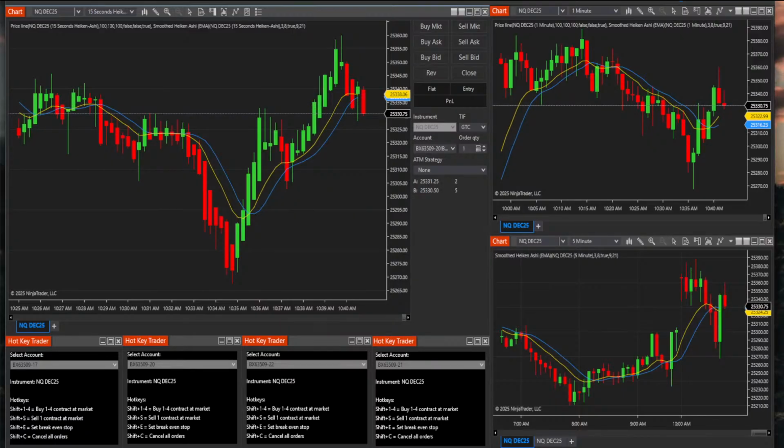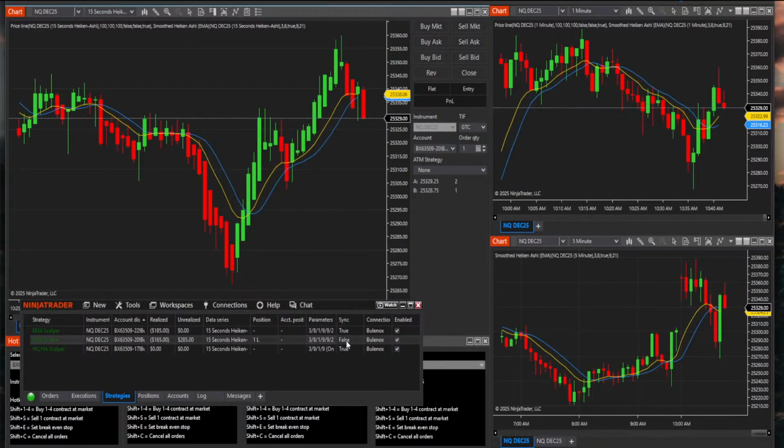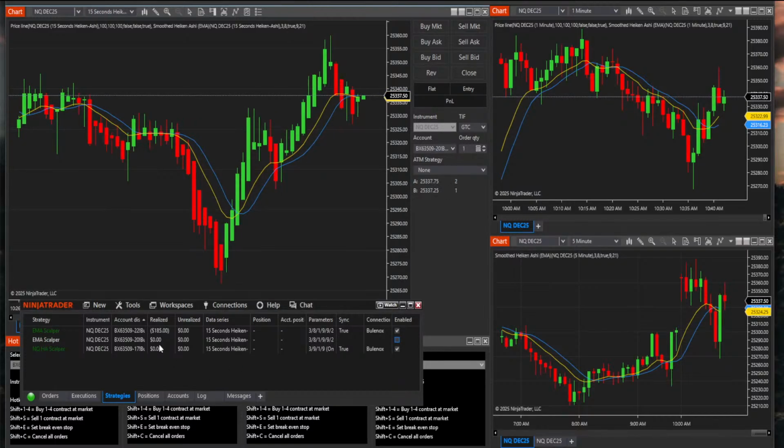It got out of sync for some reason. See? Right there. That one got out of sync. Let me shut this down. Let me restart it. That's back in sync. As you can see here, the realized one, I lost on that one because it got stopped out.